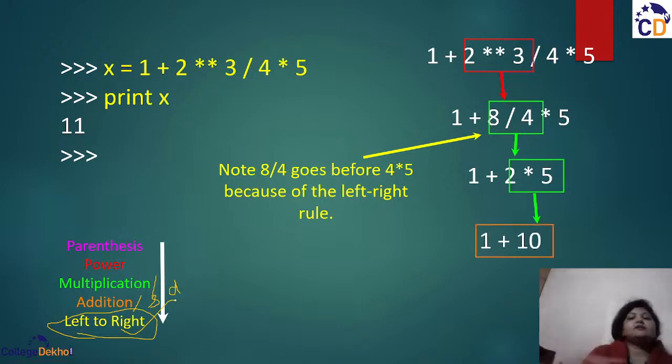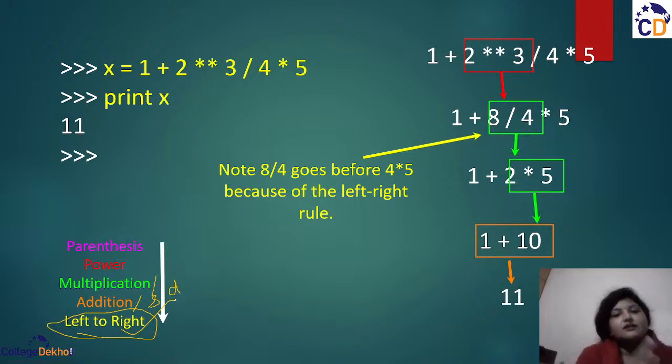So you will get 1 plus 10. Now the last is, there is no subtraction symbol, there is only plus symbol. So you are going to use the plus symbol with two operands, the two values, that is 1 plus 10, that is 11. Right? So this is how we have seen each of the operator plus the precedence of the operator, as well as the most important thing, what do you mean by left right rule?